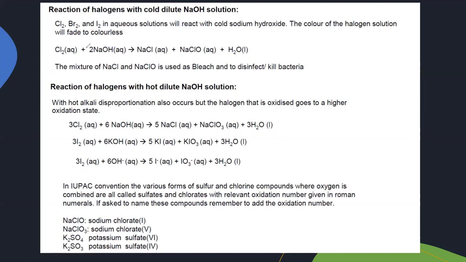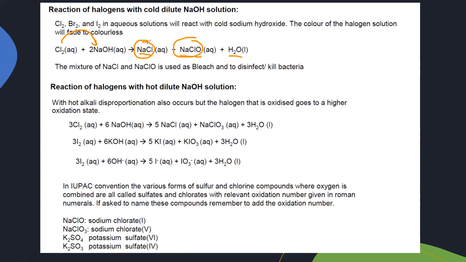When a halogen is bubbled through cold sodium hydroxide, this results in the formation of a sodium halide, sodium halate, and water. So if we have chlorine, it will form NaCl and NaClO. If it is bromine, it will be NaBr and NaBrO, other than water.